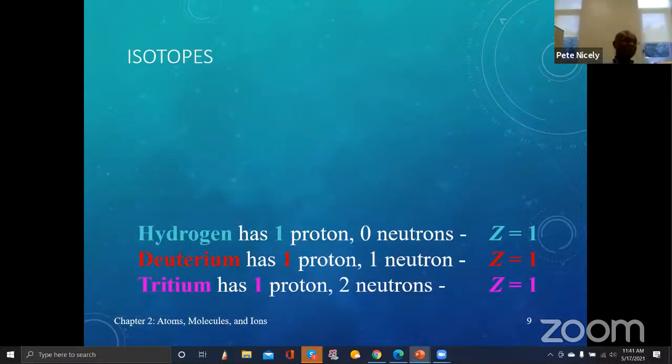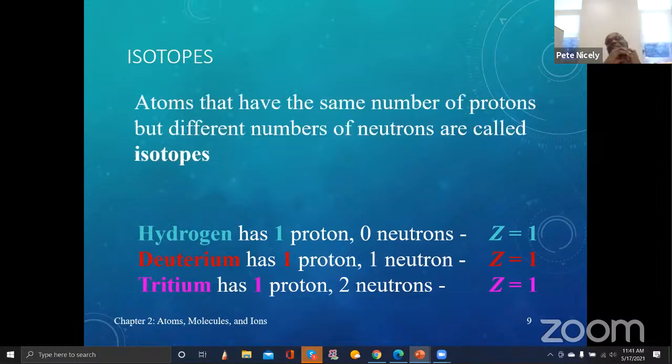Another term that you should be familiar with is this term isotopes. Isotopes are basically atoms that have the same number of protons, but different number of neutrons, all right? And let me just say also that you should be familiar with the term mass number, right? The mass number is the number of protons and neutrons in an atom.